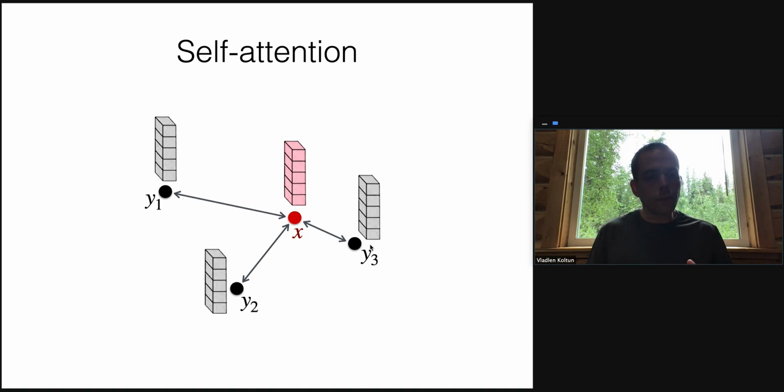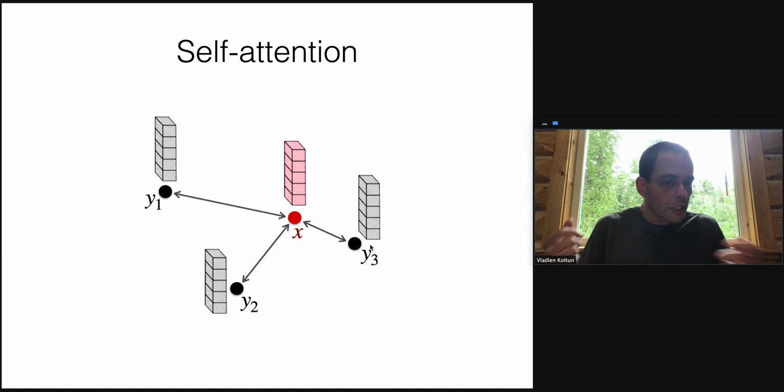Think of each data point as carrying a payload. So a data point lives in a certain location in feature space, but it also carries a payload, which is a different feature vector. And that payload is going to be aggregated with weights that depend on distances in the first feature space, not the space of payloads, but the space of locations.